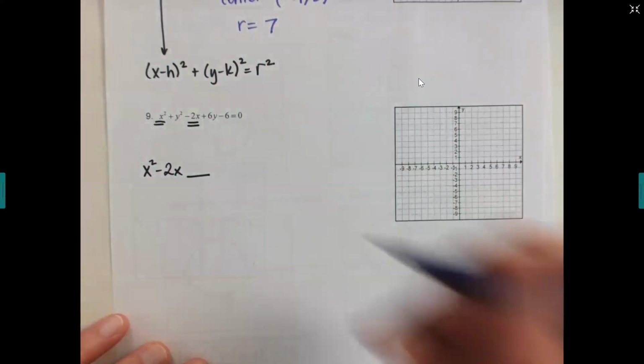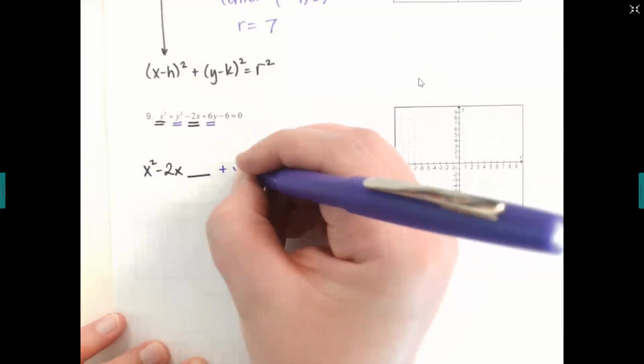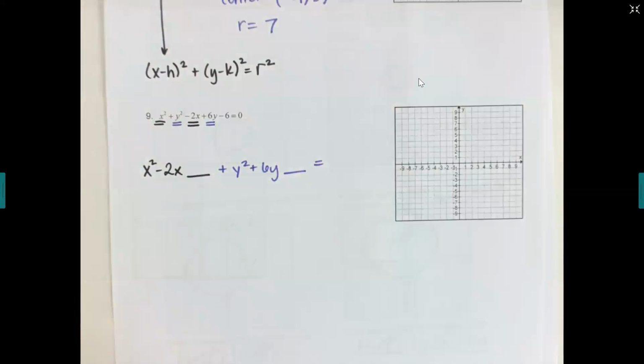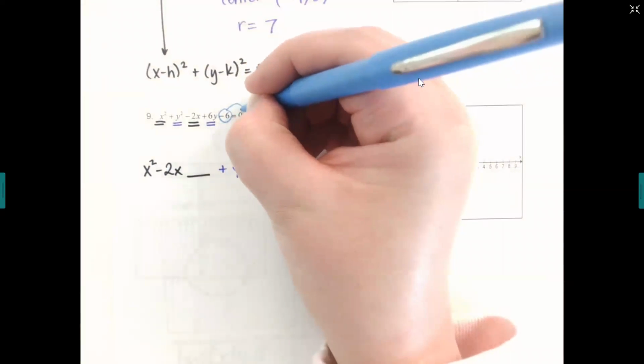Then I'm going to take my y squared and my plus 6y. And then I'm going to save a spot for my complete the square term. And then the number that doesn't go with the x's or the y's, we just push that to the other side. It started off as a negative. What will it be when I move it across?